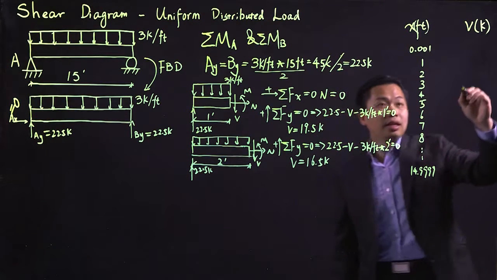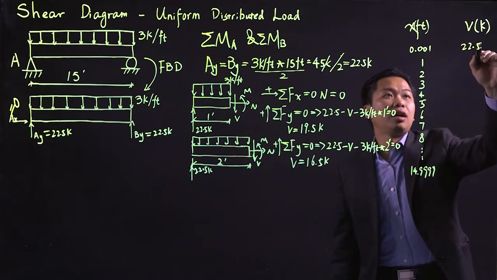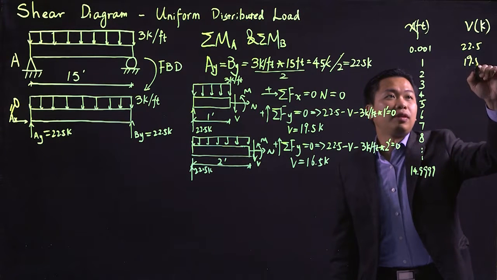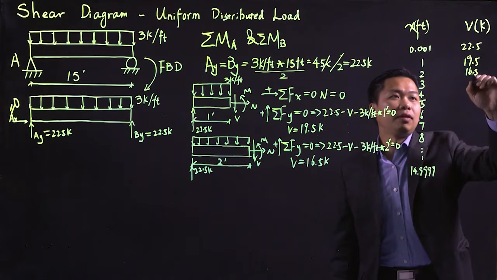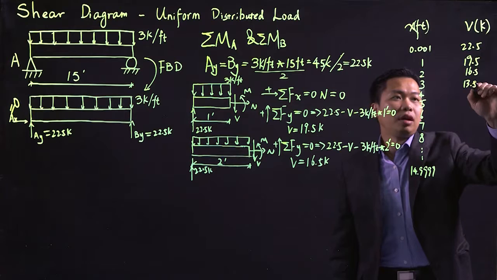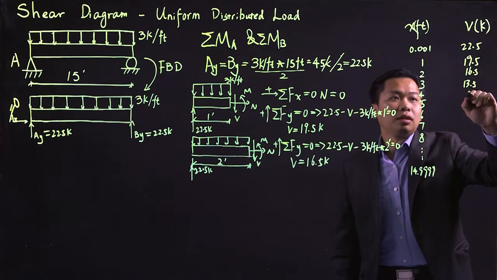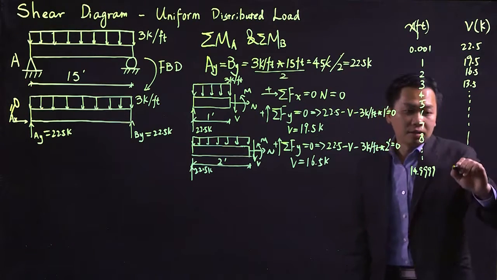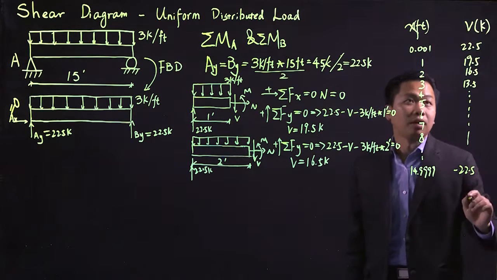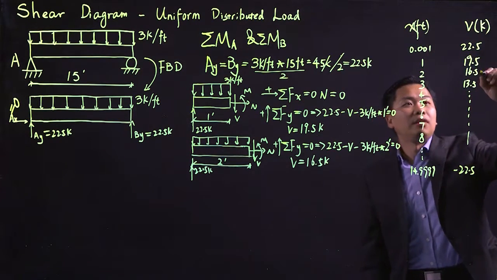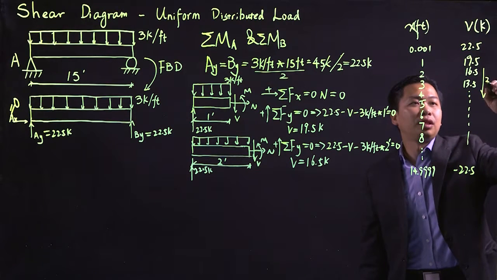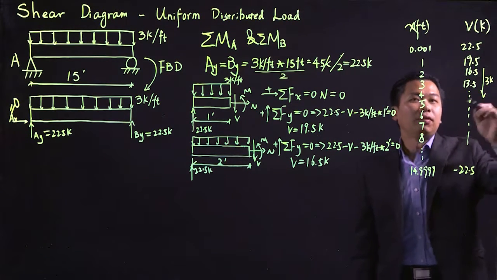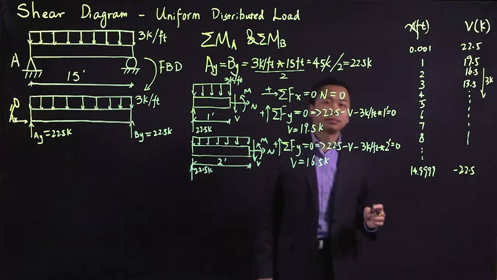And the shear you're going to get is 22.5, 19.5, 16.5, 13.5, etc., all the way to negative 22.5. Then you can see the trend: we have a decrease of 3 kips for each of the locations.